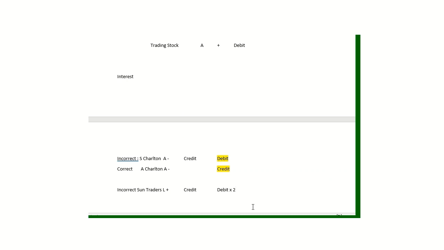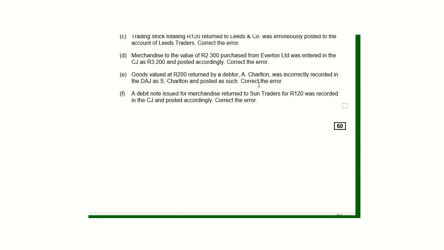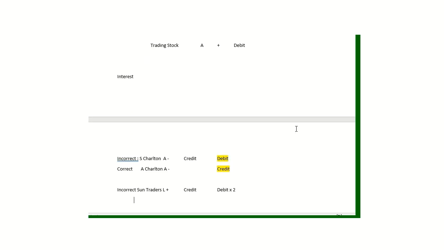And what was the opposite account? What is it that we bought? Merchandise. So it is trading stock that was returned, and now we need to credit it twice. So that will be how we fix it.